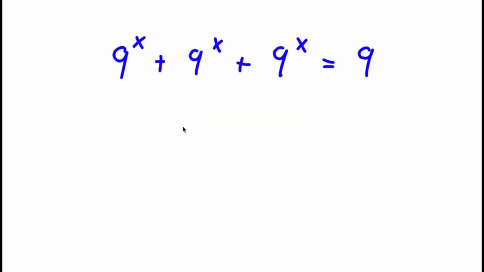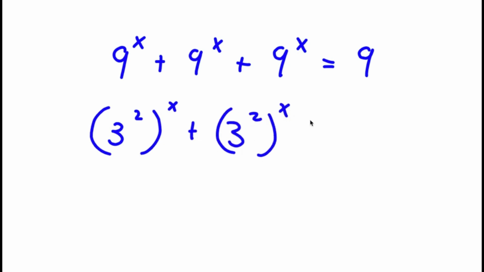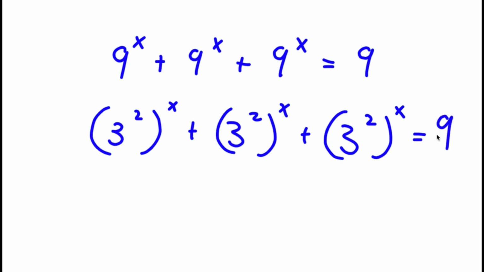Alright, so in this problem, I have 9 to the power of x plus 9 to the power of x plus 9 to the power of x is equal to 9. So the first thing I'm going to do is rewrite the 9s as 3 squared.